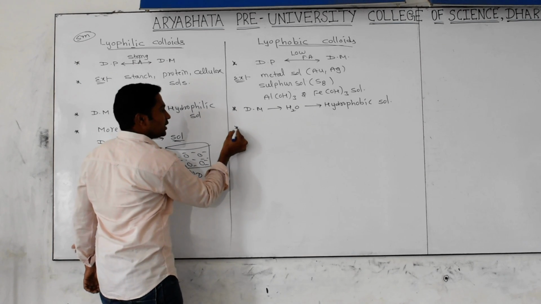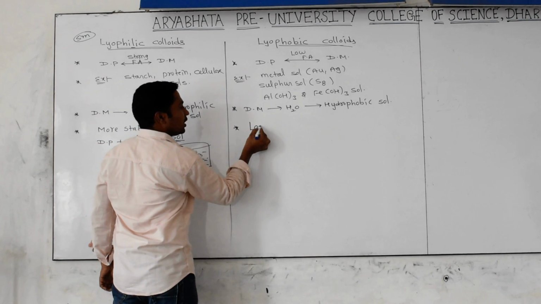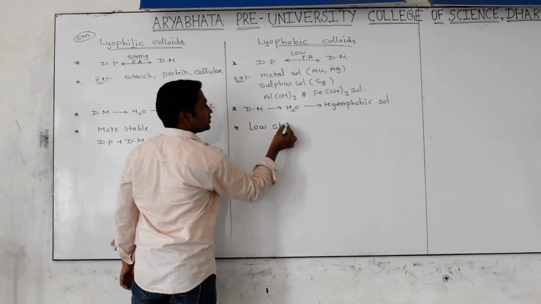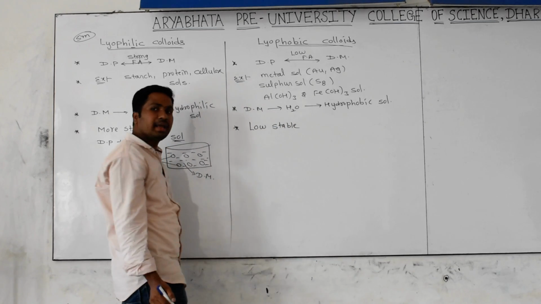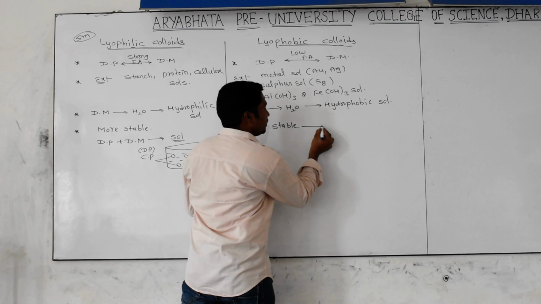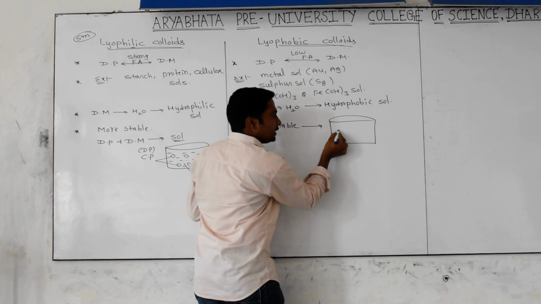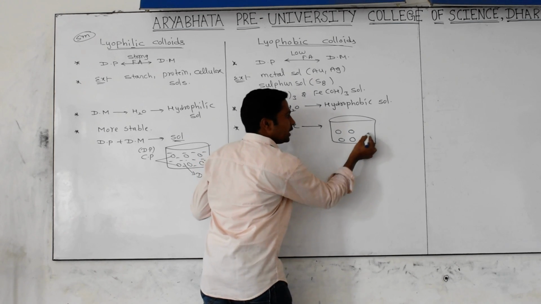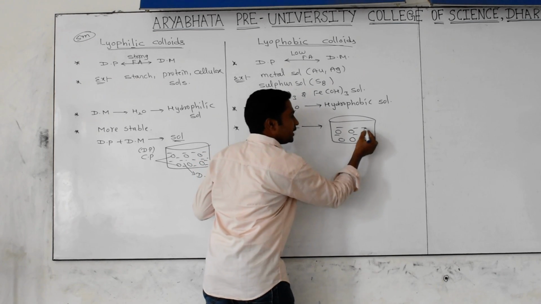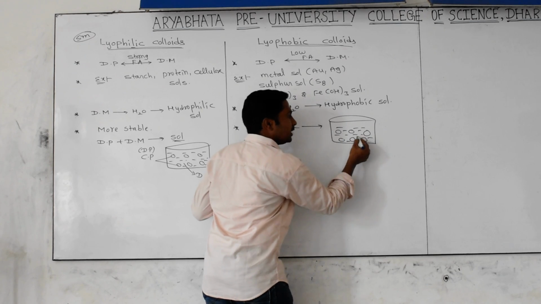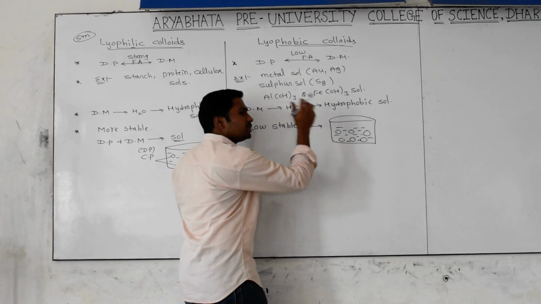Now you come here: these are less stable or unstable. They are low stable or almost unstable. Why? It's very clear. If you take a sol here, the colloidal particles and the dispersion medium are there. What are they doing? They don't want to mix with the dispersion medium.